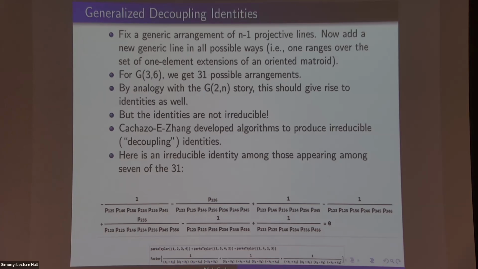And so, right. On M0n, the decoupling identity is a set of Parke-Taylor factors which sum to 0. There are no sub-identities among them. Like you can't take a subset of 3 guys, they don't sum to 0 at all. No sub-identities. But it turns out that there are a lot of different sub-identities among these 31 guys. So the challenge in our paper was to find which are the irreducible sub-identities, right?